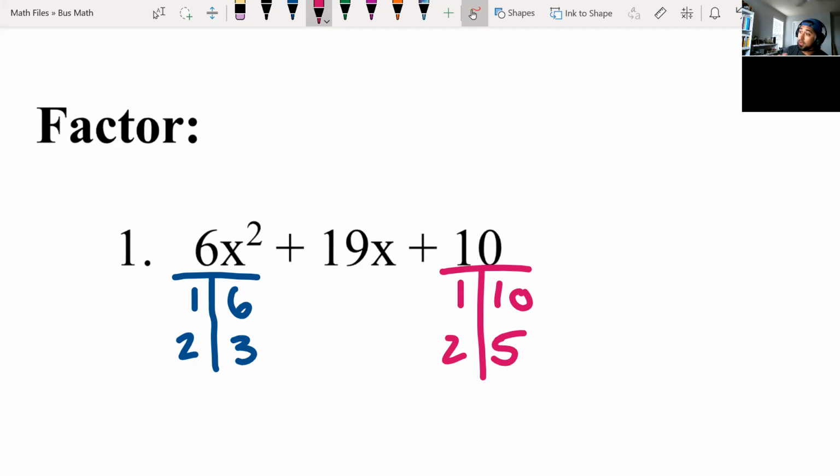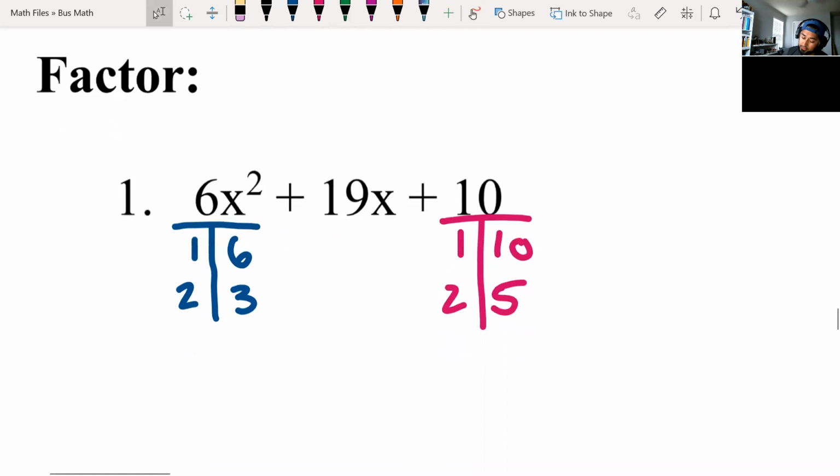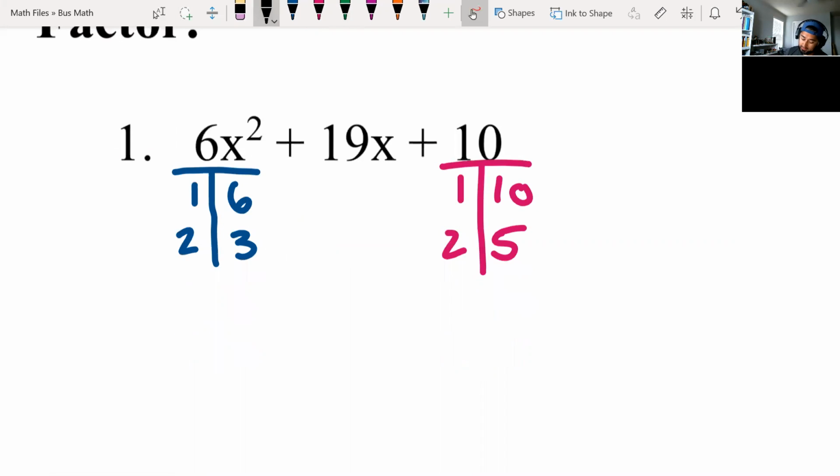Okay. And then next, what we have is setting up the signs of our parentheses. Here we have plus, plus, my favorite, because this means your parentheses are going to be plus and plus. All right. So now when we set up our parentheses, I'm going to have something plus a number and something plus a number.